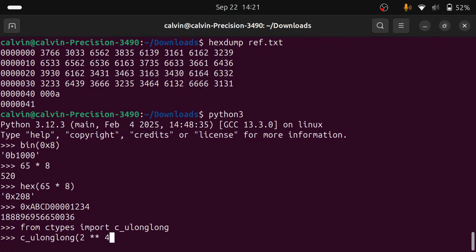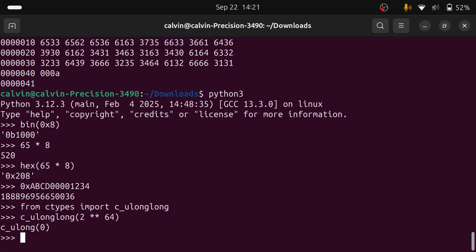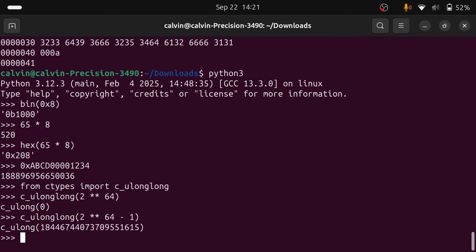I think I can take that, so it clips right at 2 to the 64. And we can think of there being a binary bitwise operation where I add two of these things together.